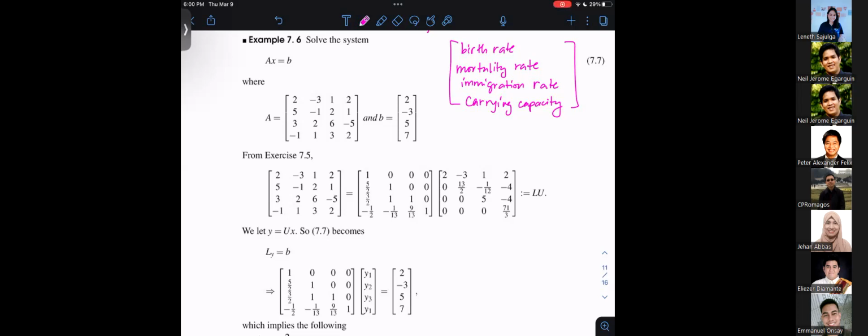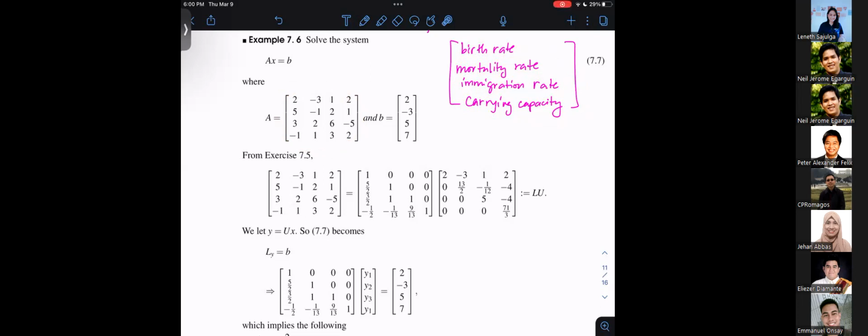But for instance, for whatever reason, you were able to find out the relationship between the birth rate, the mortality rate, the immigration rate, and the carrying capacity to be defined by the coefficient matrix A. All right. So this is extremely helpful if you are, say, aggregating the results from small localities to the other.